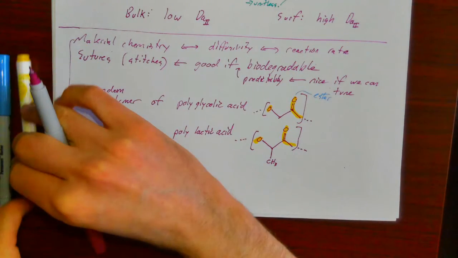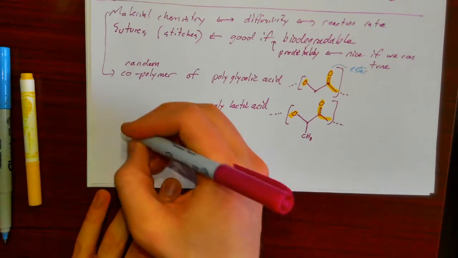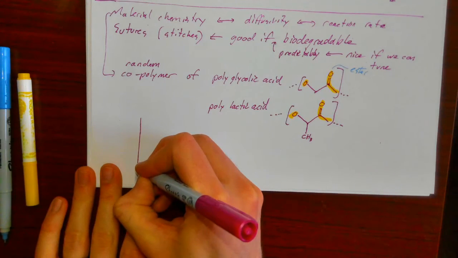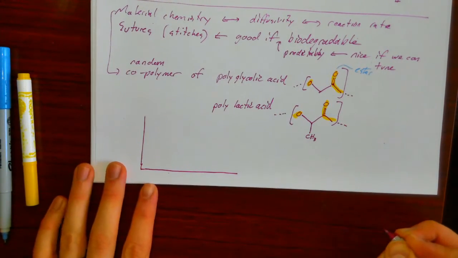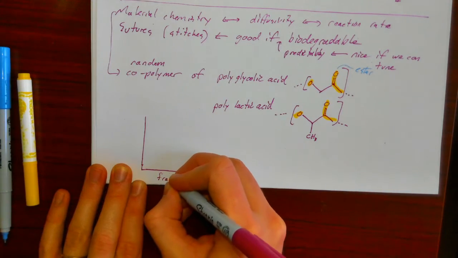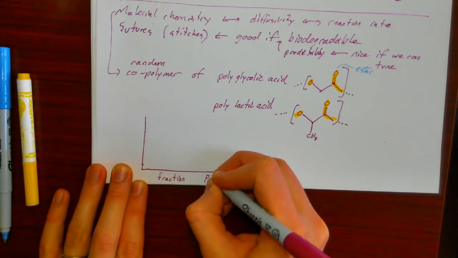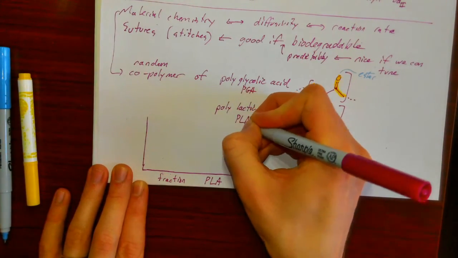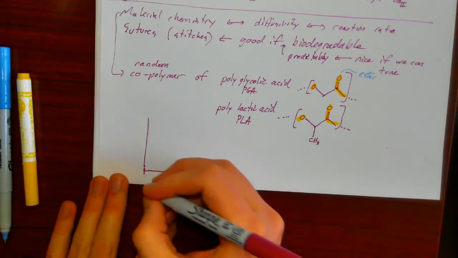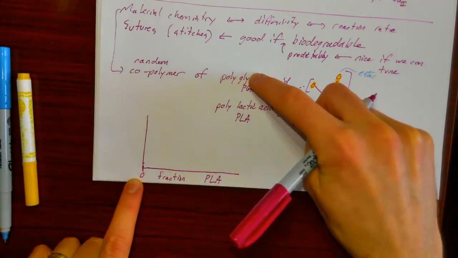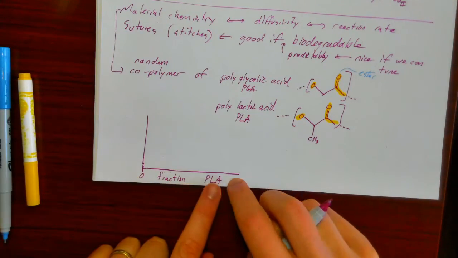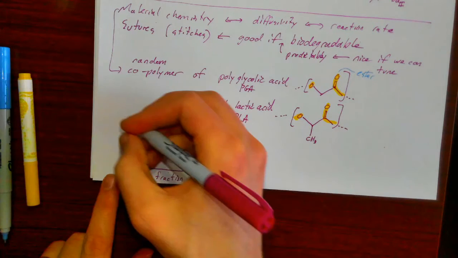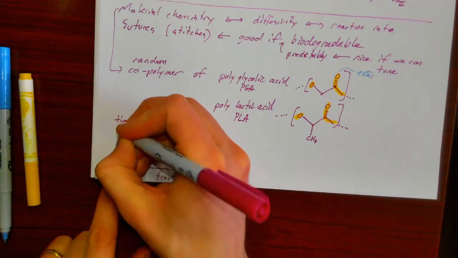So take a moment now and sketch. On the y-axis, we'll put time to degrade, and on the x-axis, we'll put the fraction that's polylactic acid. So this is PGA and this is PLA. We could start with 0, which is all polyglycolic acid, or we could have 1, which is all polylactic acid, and then on the y-axis, put the time to degrade.